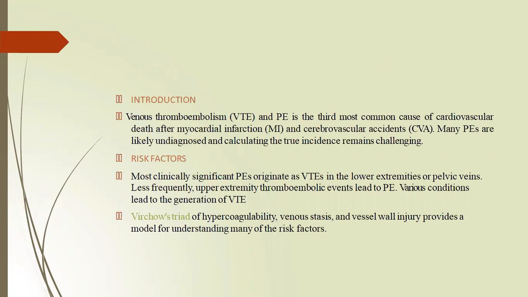Venous thromboembolism and pulmonary embolism is the third most common cause of cardiovascular death after myocardial infarction and cerebrovascular accidents. Many pulmonary embolisms are likely undiagnosed and calculating the true incidence remains challenging.